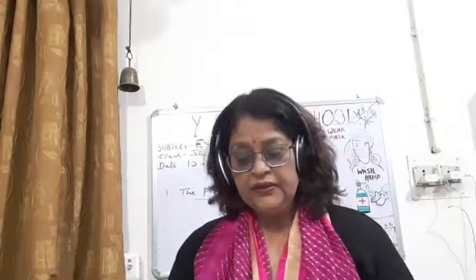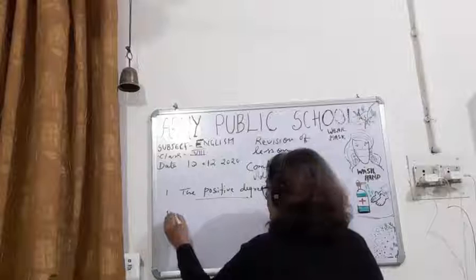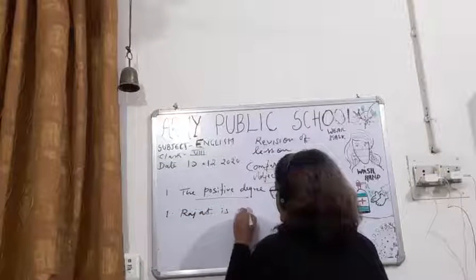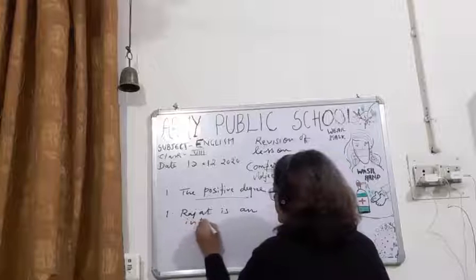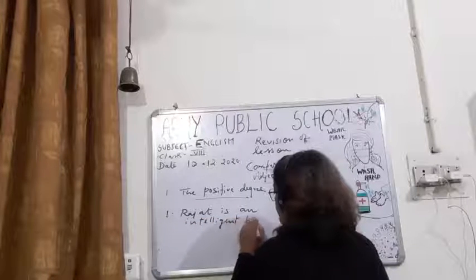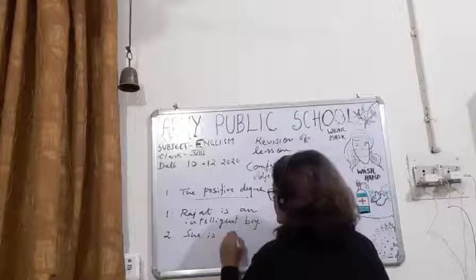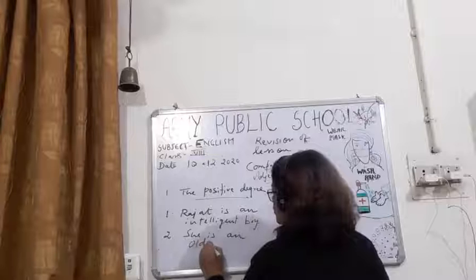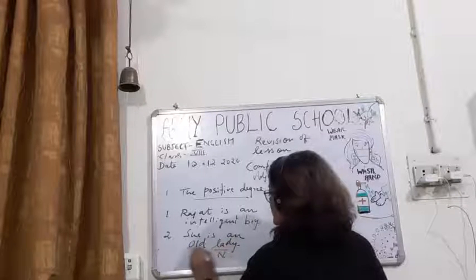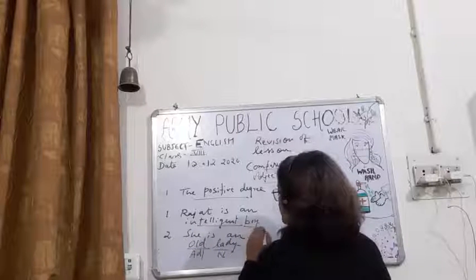For example, Rajat is an intelligent boy. She is an old lady. Lady is a noun, old is an adjective. A boy is a noun and intelligent is an adjective.